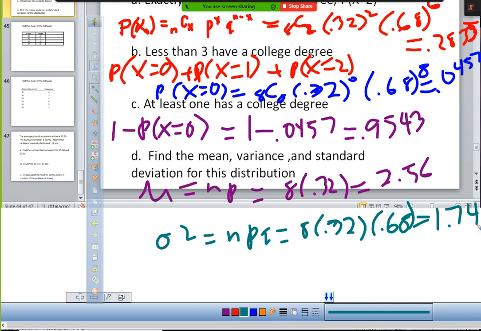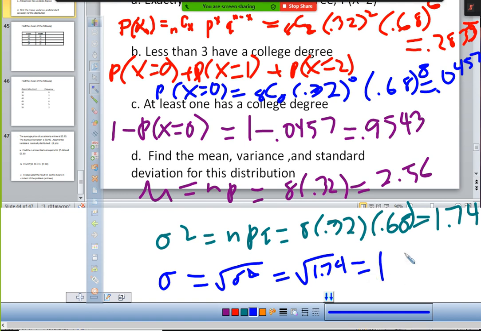And then the standard deviation is the square root of that. So it's the square root of 1.74, and that was 1.32. Great. Okay, perfect. Good.